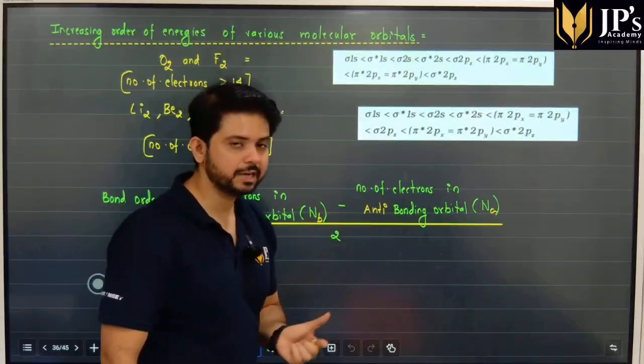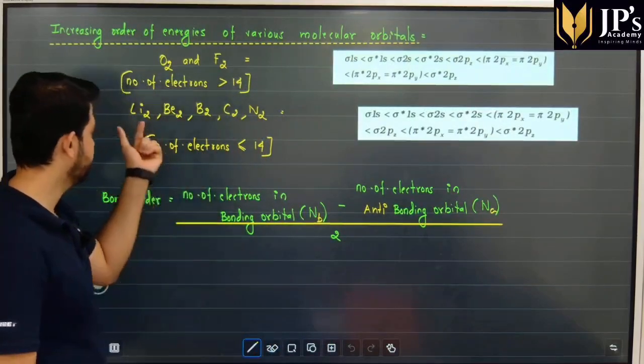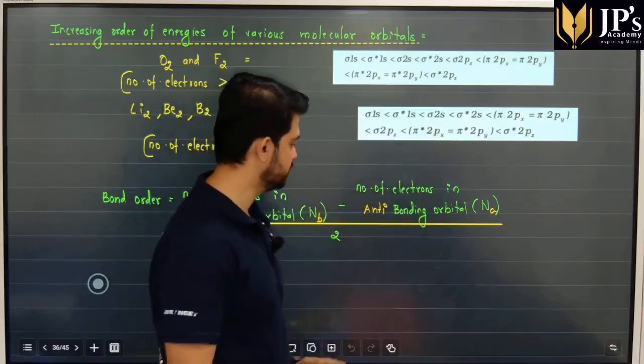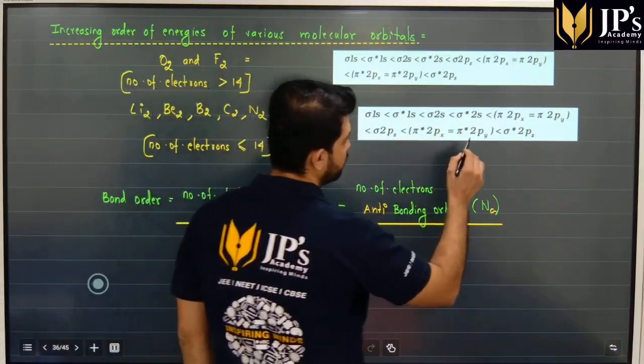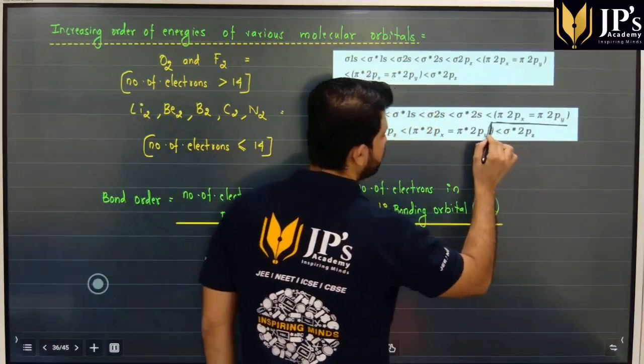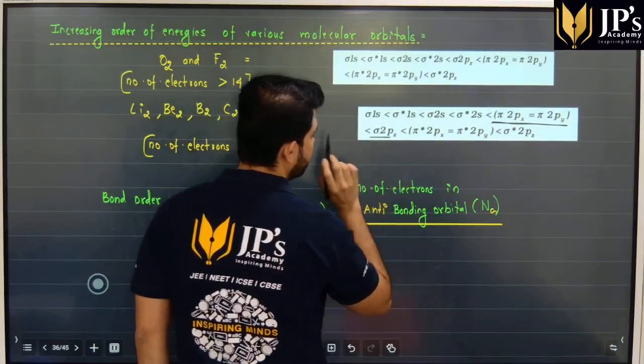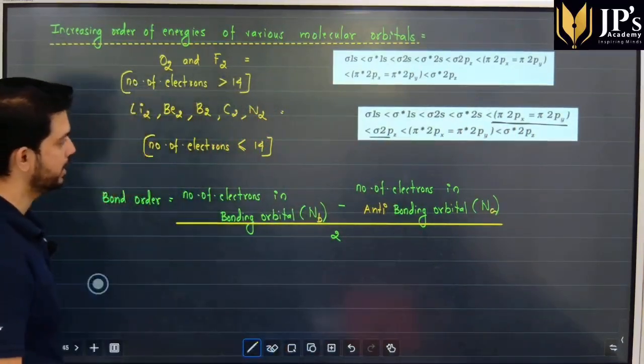But for the number of electrons less than 14, Li2, Be2, B2, C2, N2, this particular order is followed. And students, you have to be careful over here, because here pi 2px and pi 2py have lower energy as compared to sigma 2pz.